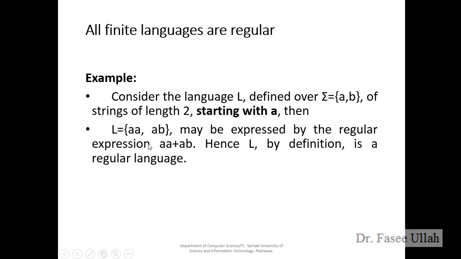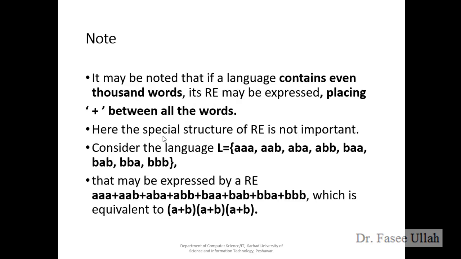This is the extension of the language, and how we can represent it inside the regular expression. We can represent it by the plus symbol: just remove the comma over here and put the plus symbol. Both have the same meaning. If we put the plus symbol or omit the plus symbol and replace it with a comma, both have the same meaning and definition.